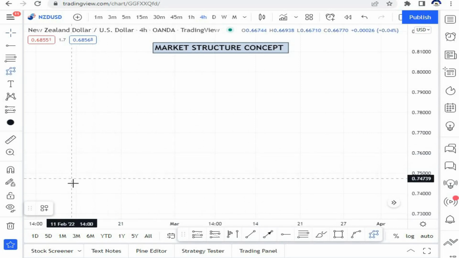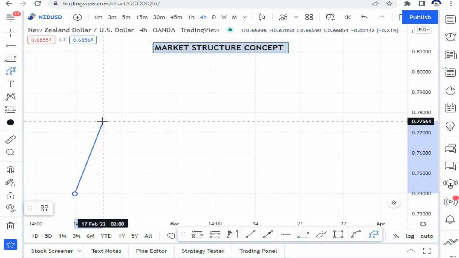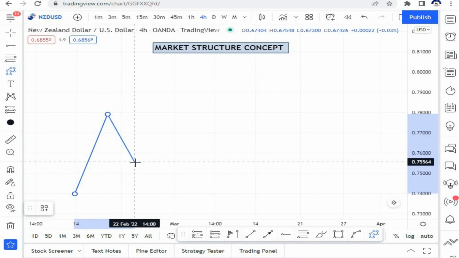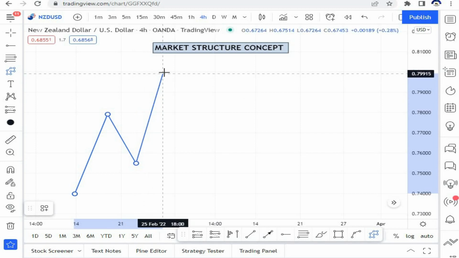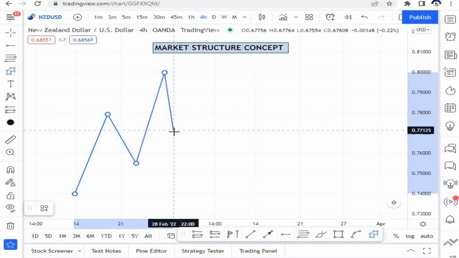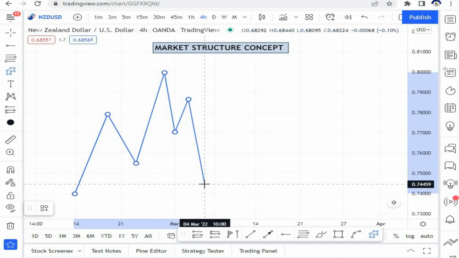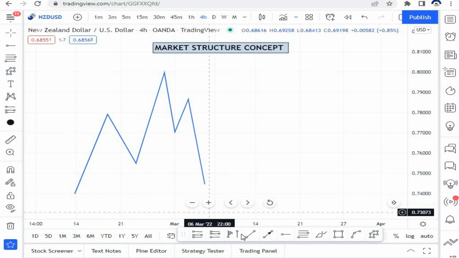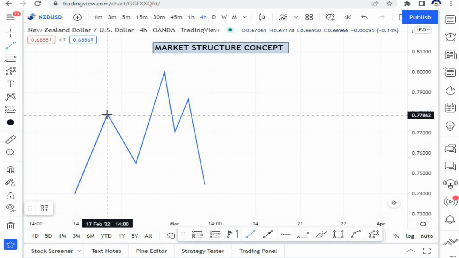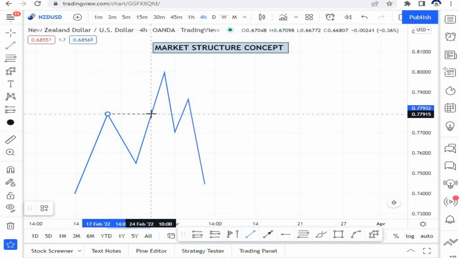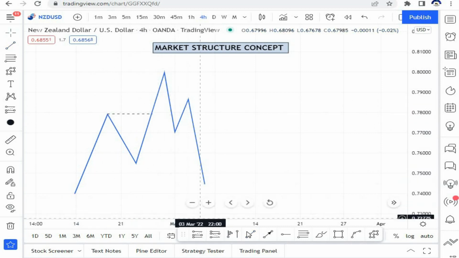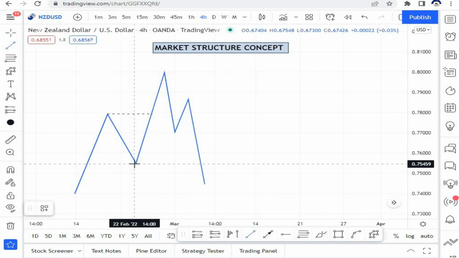So guys, in today's video we are going to share with you a simple strategy. Let's say the price is going up and you are looking for a correction, and then the price will give you a break of structure, something like this. This will be a break of structure and this will be a change of character.